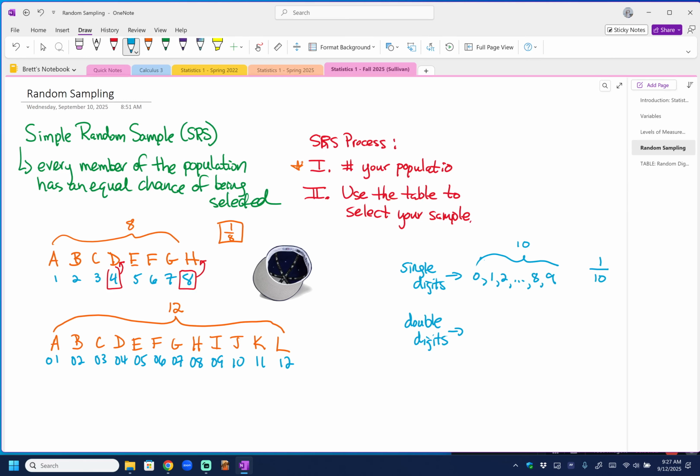Here's the problem. If you go to double digit numbers, which start at 00, 01, 02, all the way to 98 and 99, there are a total of 100 of them, which means that reaching in and picking any one number from these double digit numbers in the random digit table is going to be 1 out of 100.